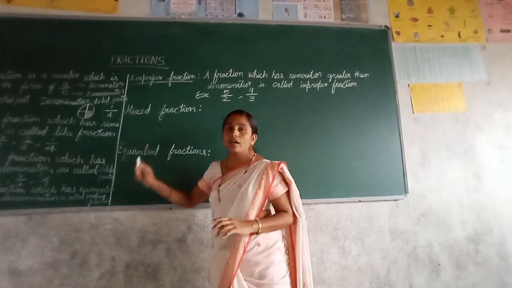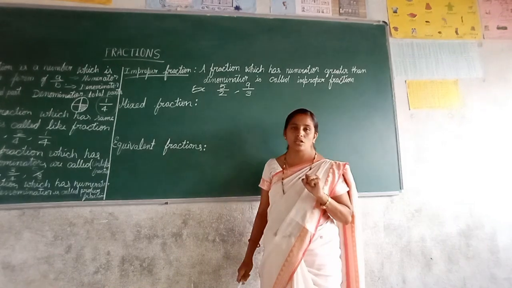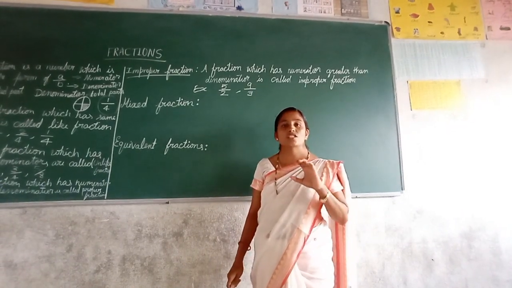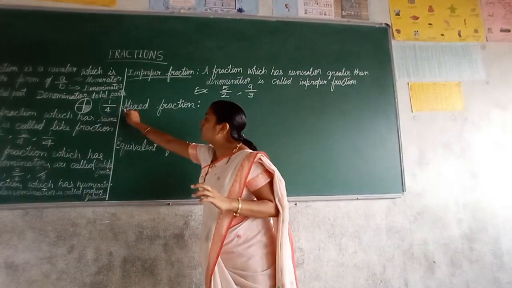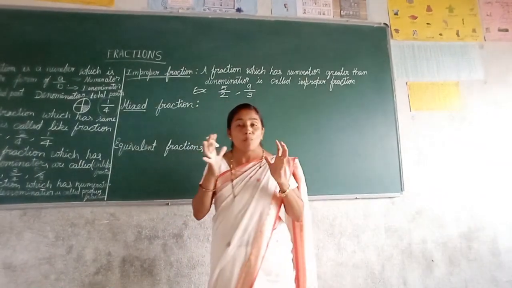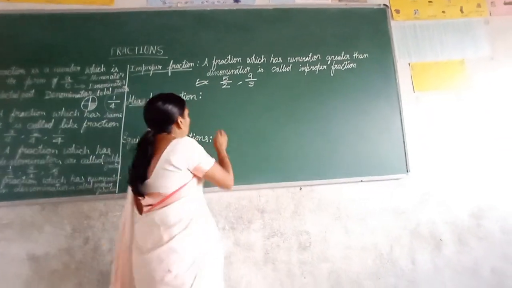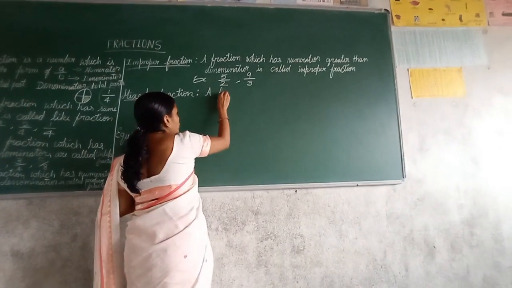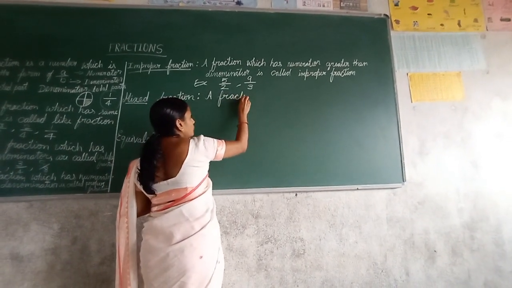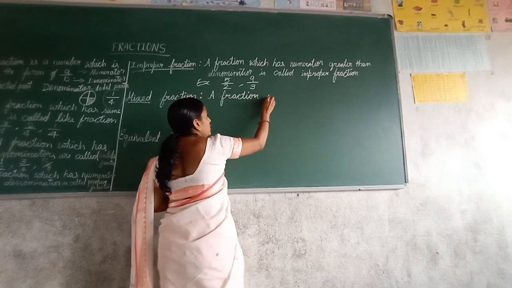Next, another one, mixed fraction. By the help of this word only we will understand it is mixed. It means the fraction is a combination of whole number and fraction.